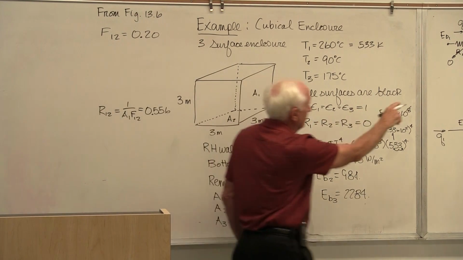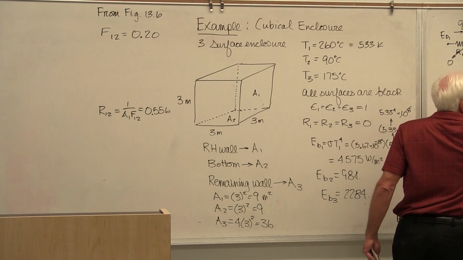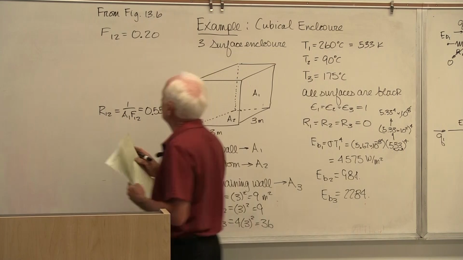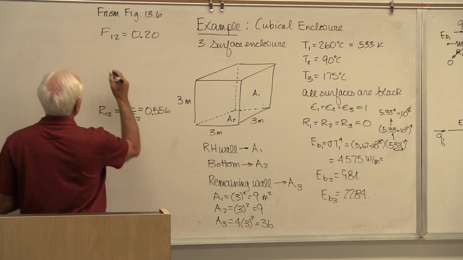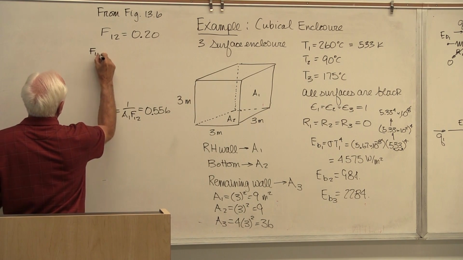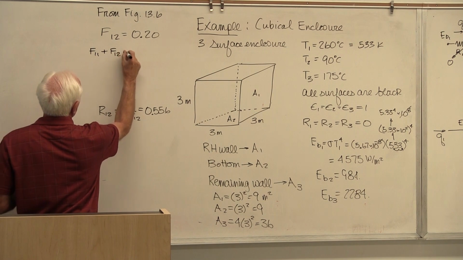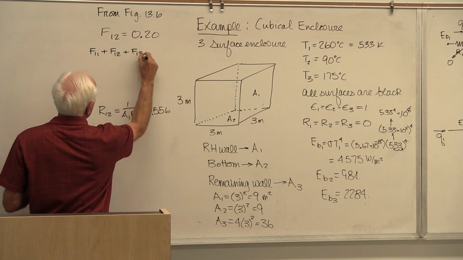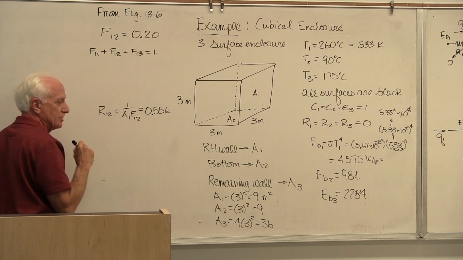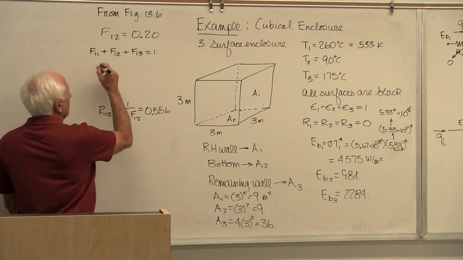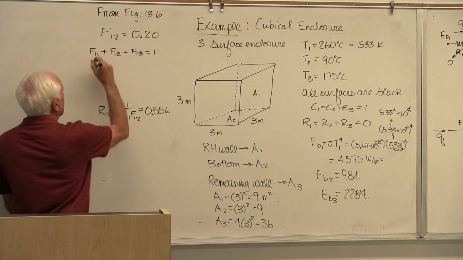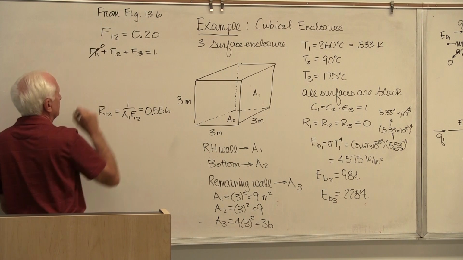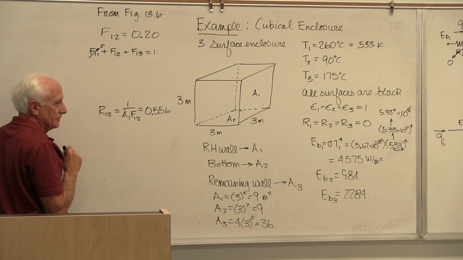I need R13 and R23. Okay. So I need F13. F11 plus F12 plus F13 equals 1. Enclosure law, energy balance. Surface 1, plane surface, F11 is 0. Surface 2, a plane surface, F22 is 0.